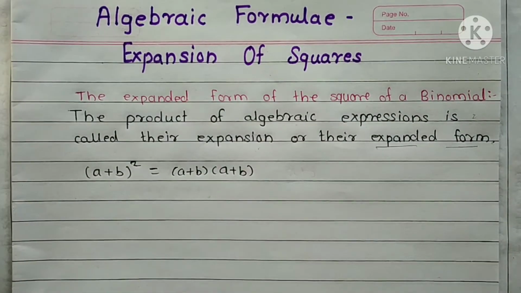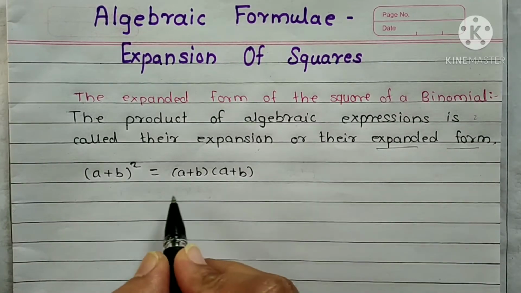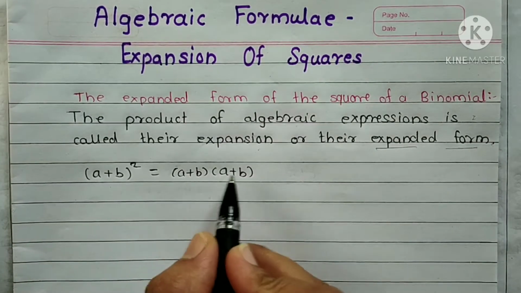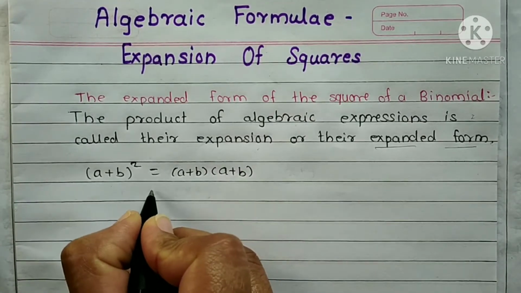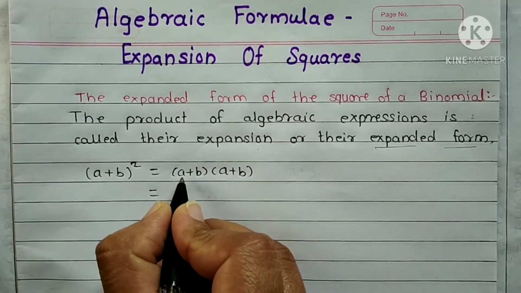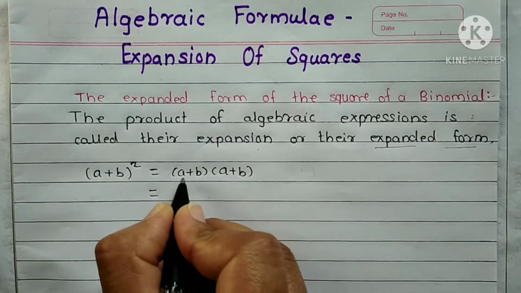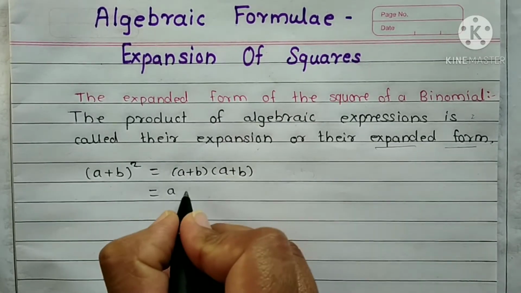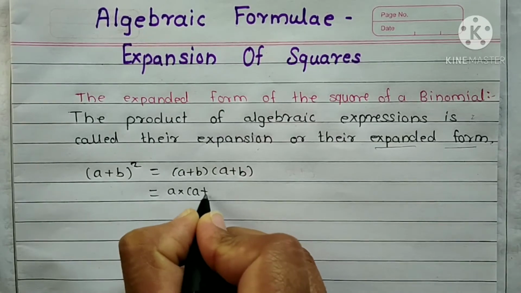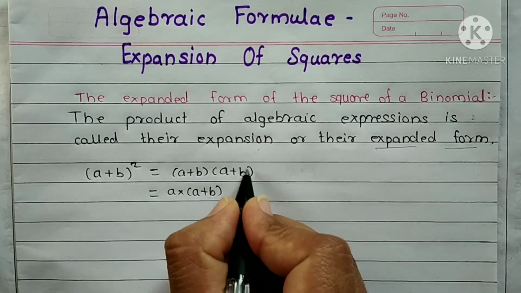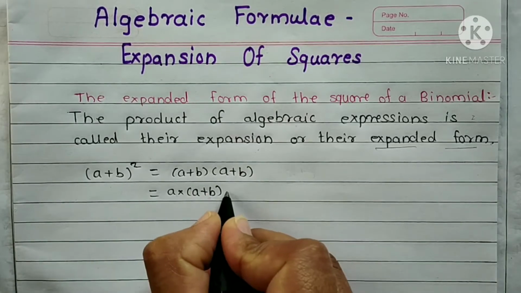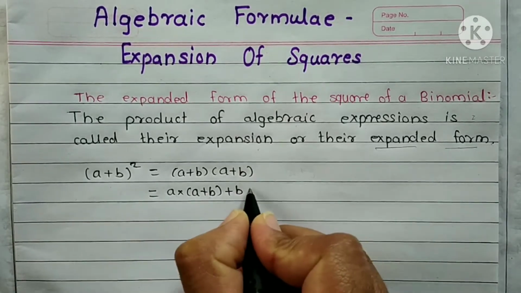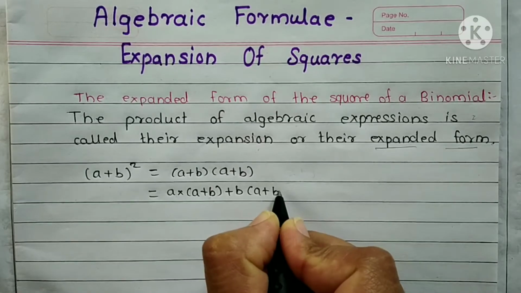You have already learned multiplication of binomials, that is, multiplying a binomial by a binomial. So here, how to multiply? First we multiply this bracket by a, that is a into (a plus b). Then we multiply this bracket by b, with sign plus, b into (a plus b).